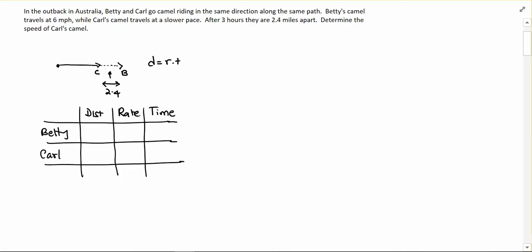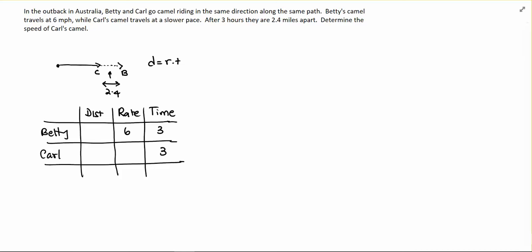So what do we know? Betty's camel travels at 6 miles per hour. So that's 6, the speed at which Betty's camel travels, while Carl's camel travels at a slower pace. We don't know that. After 3 hours, they're 2.4 miles apart. Okay, so they both have been traveling for 3 hours, so we can put 3 at each of those. And we know they're 2.4 miles apart, so be careful.